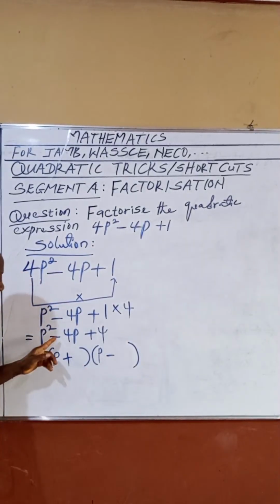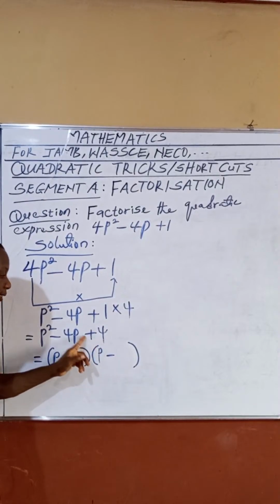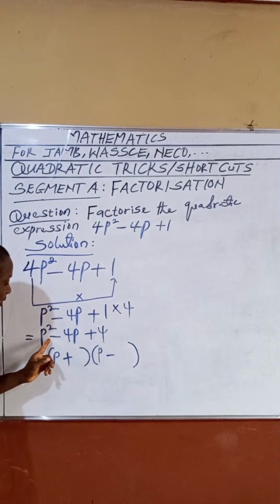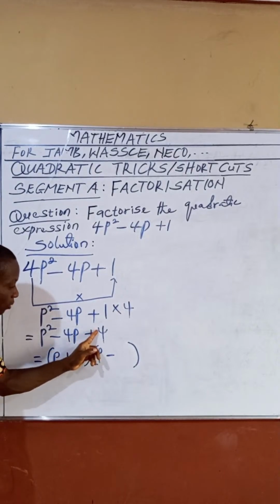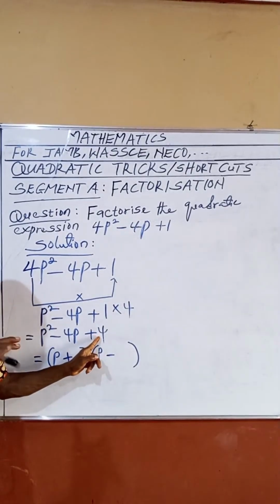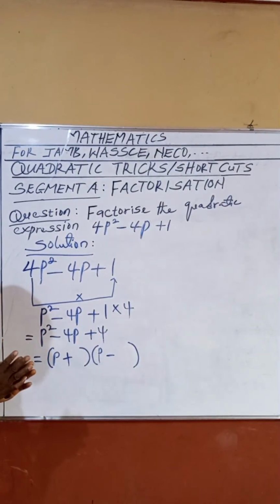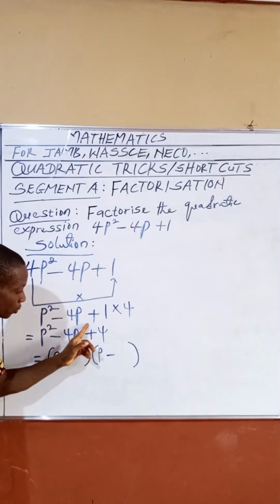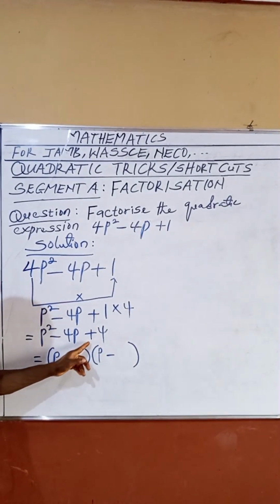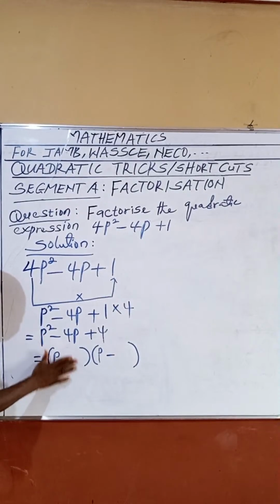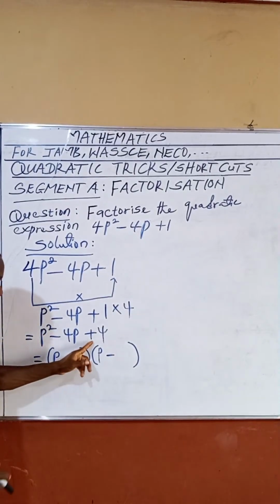The reason is simple. We are going to look for two numbers that will be multiplied to give plus 4, but when added, give minus 4. Please note this one.